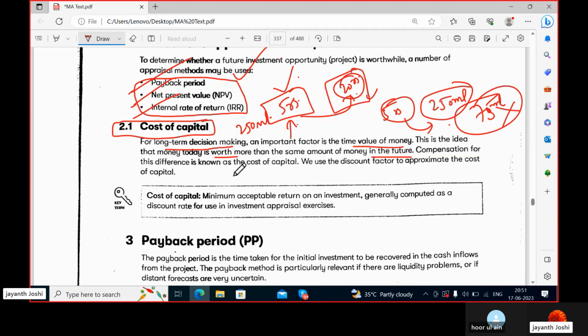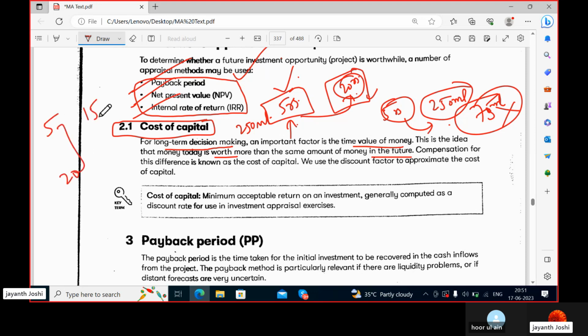Okay. So whatever currency we have today is worth more than tomorrow. So, compensation for this difference. You can see the difference: 5 rupees 15 years back, 20 rupees today.